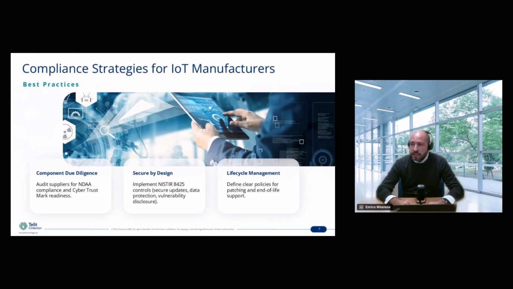Moreover, as we are seeing, there is a lot of movement in the worldwide IoT cybersecurity regulatory space. Manufacturers should prepare for future regulatory convergence, where consumer and government standards may align more closely.